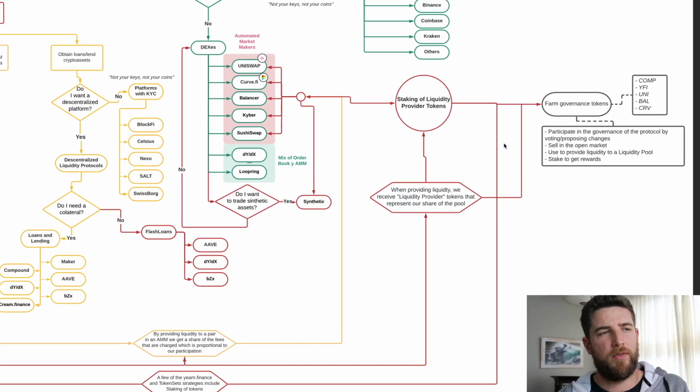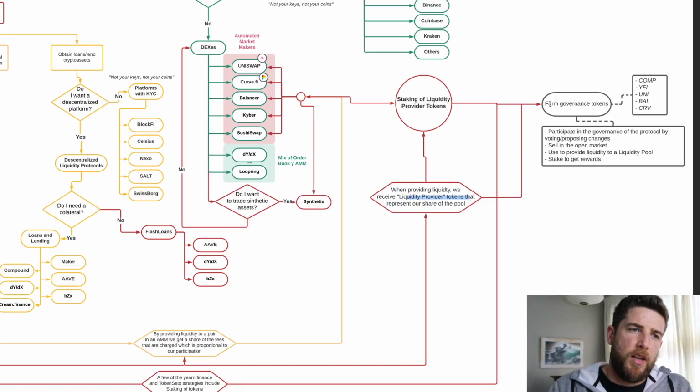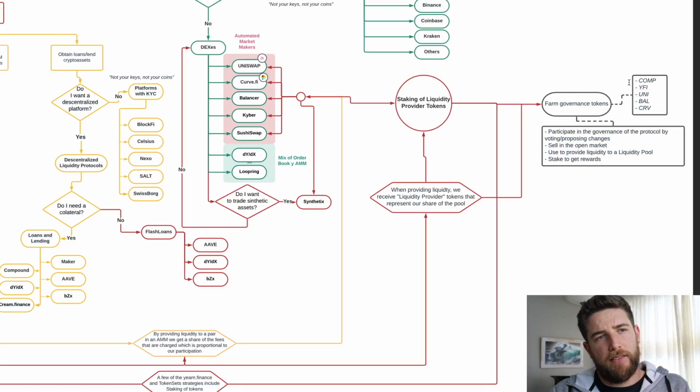Some projects you don't need to stake liquidity provider tokens. You just stake the same governance token and you get more governance token and more rewards. So I put some examples here just for you to understand a little bit. Like COMP is from Compound, YFI is from Yearn Finance, UNI is from Uniswap, BAL is from Balancer, CRV is from Curve.